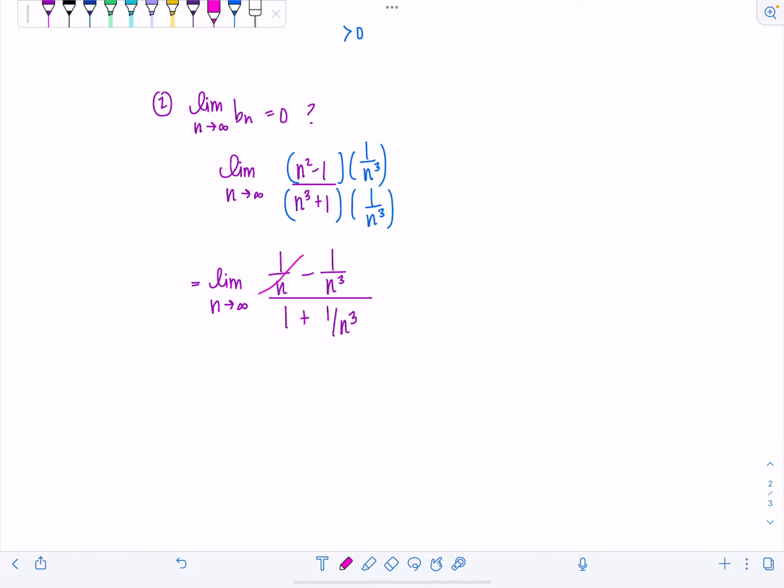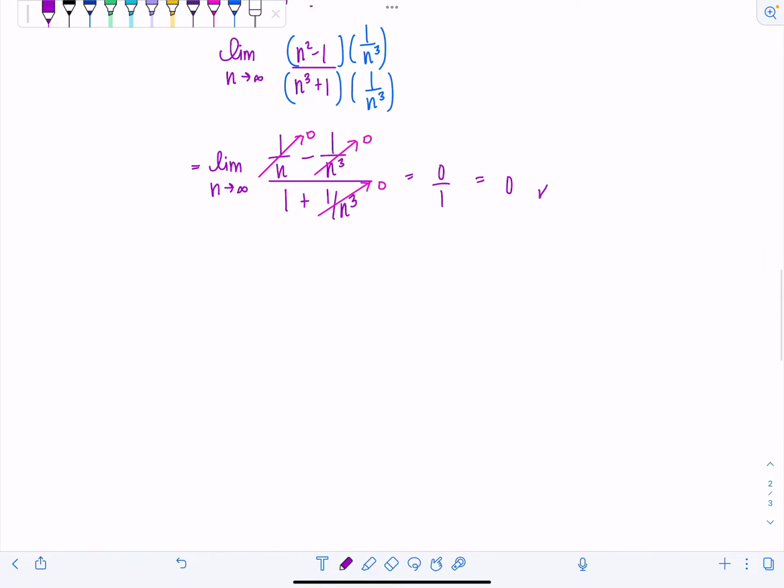So 1 over n will go to 0, and 1 over n cubed will go to 0. So I'm just left with a 0 in the numerator and a 1, thankfully, in the denominator. 0 divided by 1 is 0. So yay, both conditions for AST are satisfied.